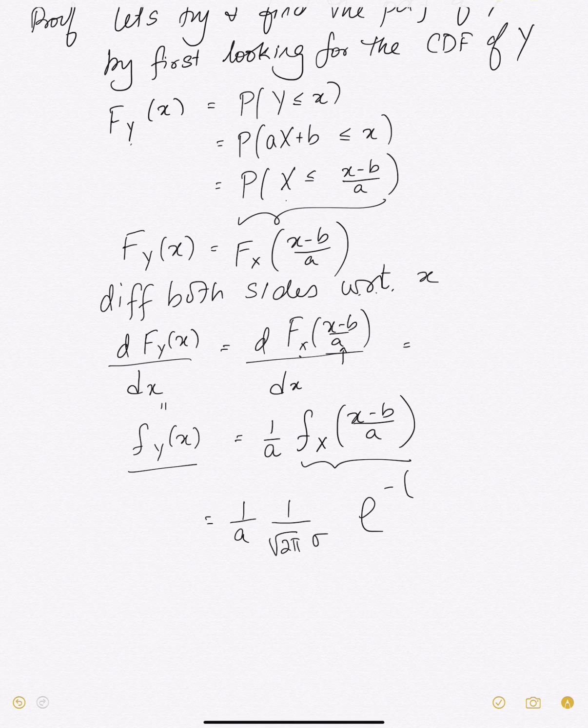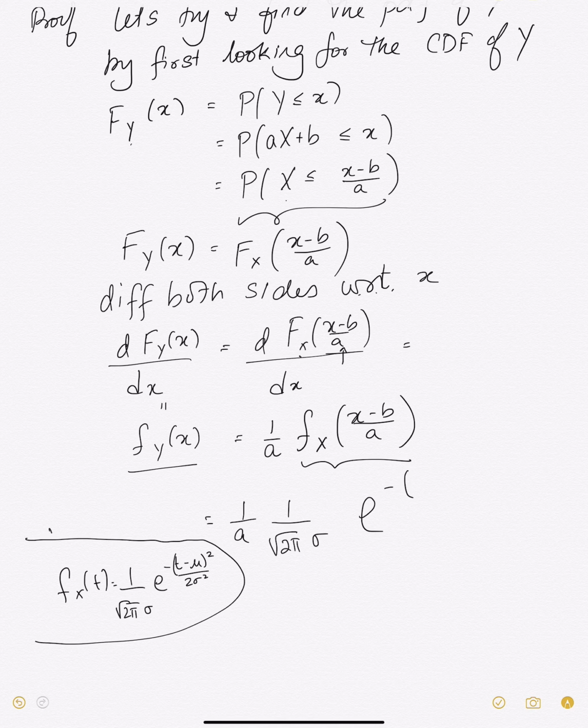Normally you know f sub X of t is 1 over square root 2 pi sigma, e to the minus (t minus mu) whole squared over 2 sigma squared. So in place of t, I have to put (x minus b) over a in this equation.